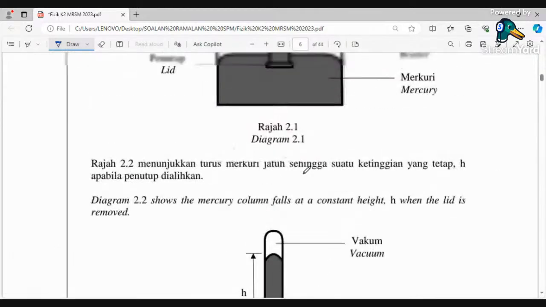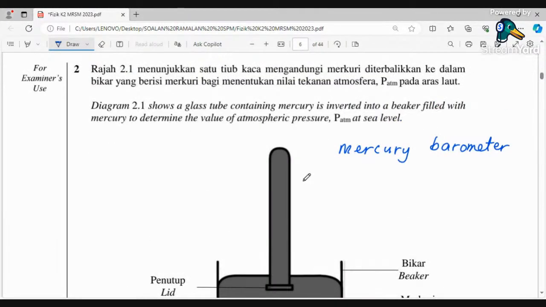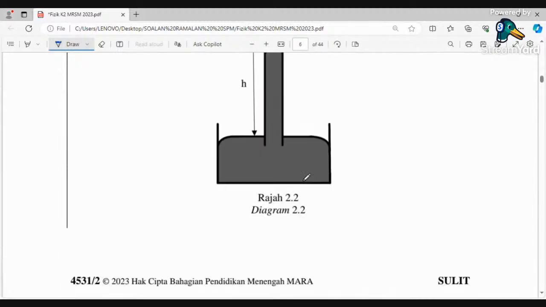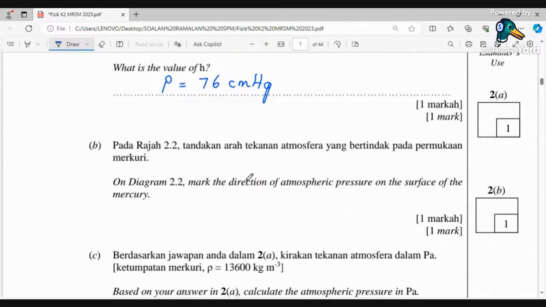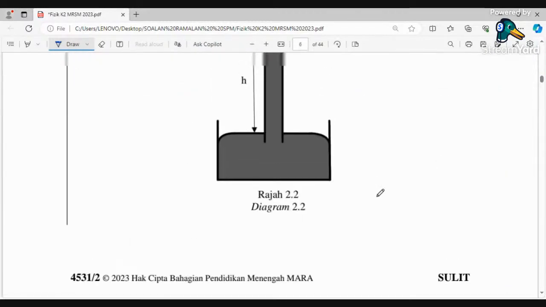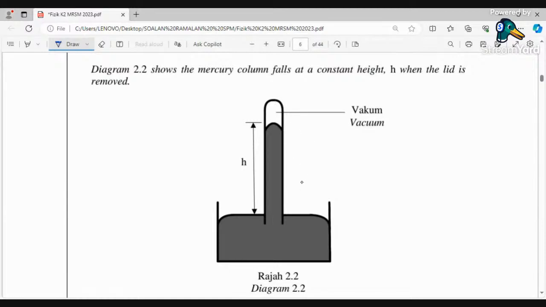This value should actually be given, 76 cm mercury. On Diagram 2.2, mark the direction of atmospheric pressure on the surface of mercury. We can mark here. Atmospheric pressure is due to the surrounding air molecules. So this is the direction of atmospheric pressure.